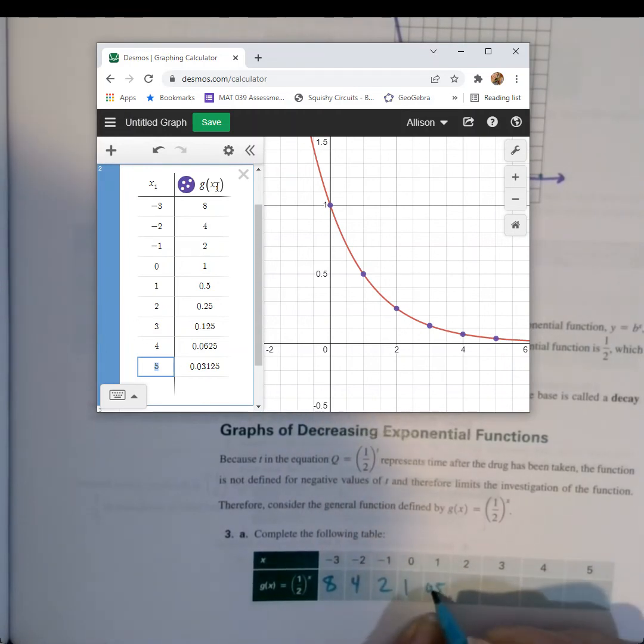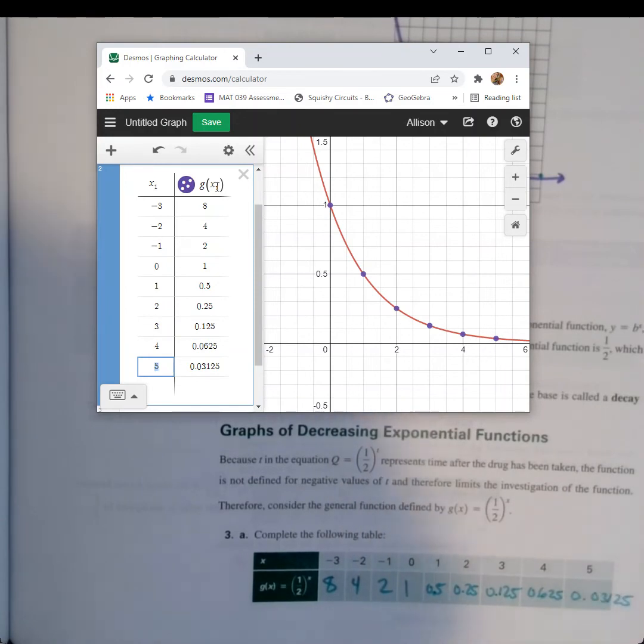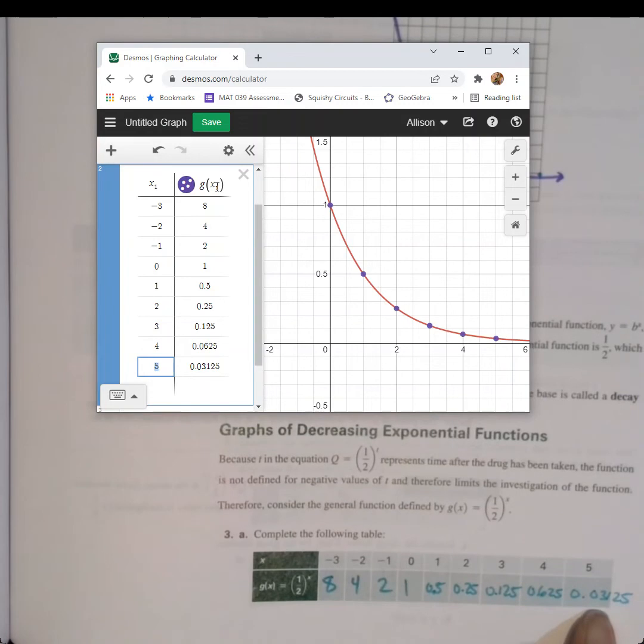We had written it before as 1/2. And 0.25, we had written it before as 1/4. And so on. We're just writing the decimal versions of these numbers instead of the fractional versions, which we saw on the previous page: 1/2, 1/4, 1/8, 1/16, and so on. 1/32 for the 5th. Okay.